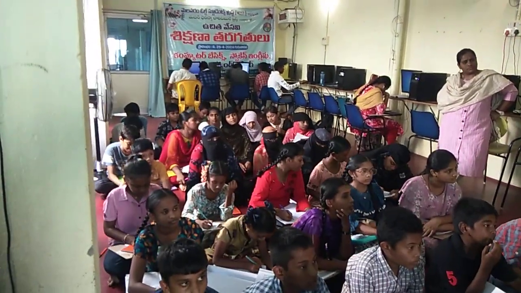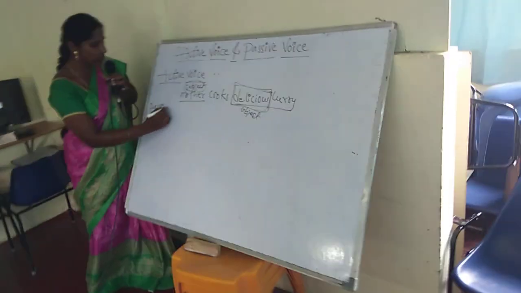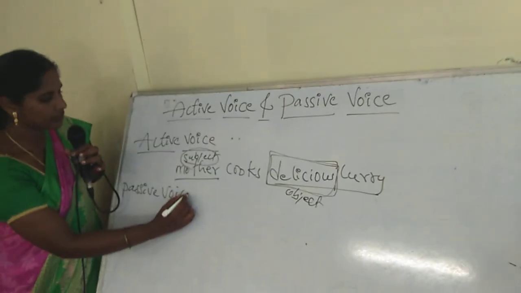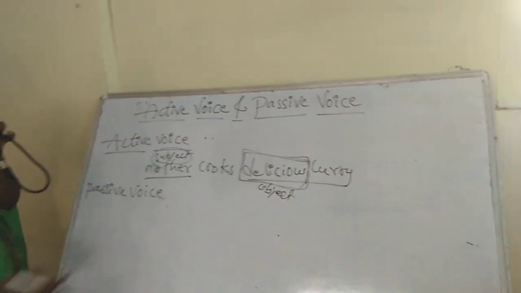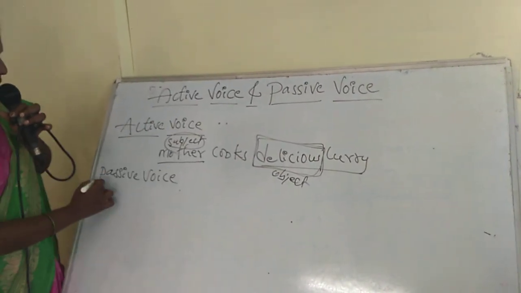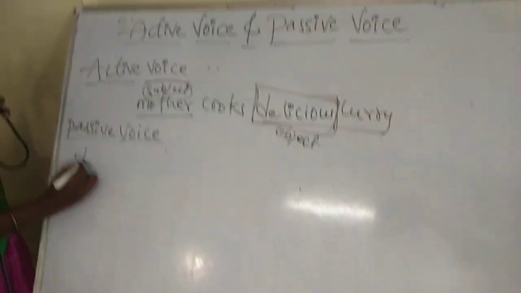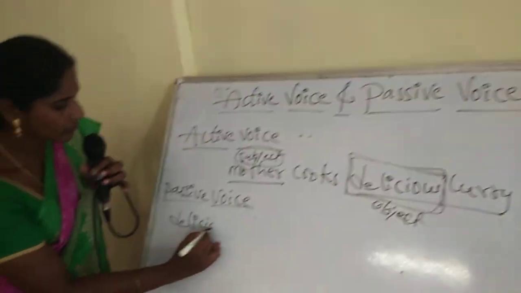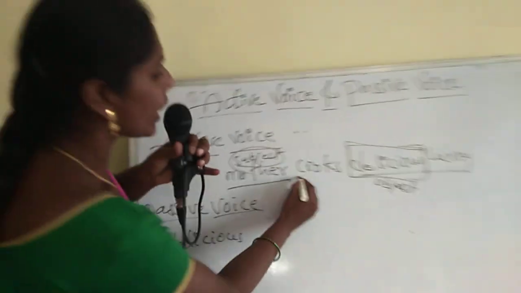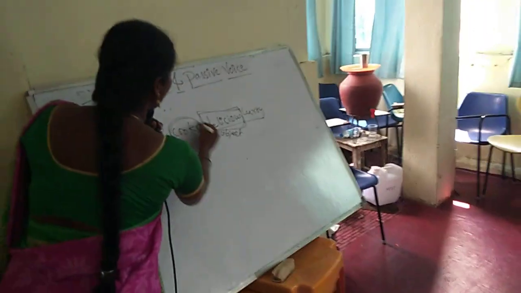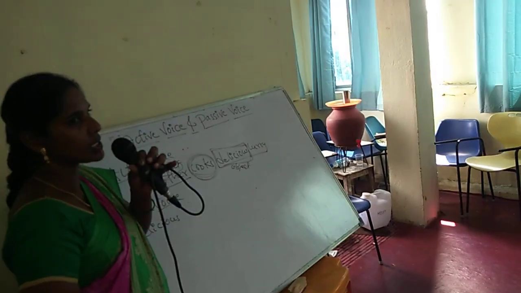For that, one example, passive voice. Same example we will take. So how we can write this one in the passive voice? Mother cooks delicious food. Okay, delicious food. Cooks, I told na, cooks means which tense it is?